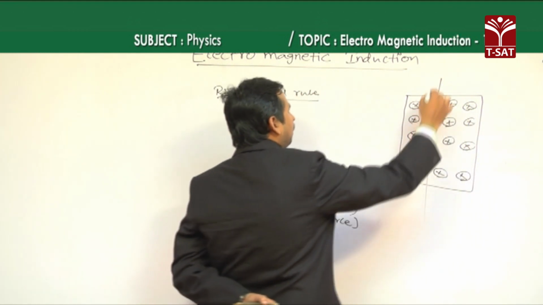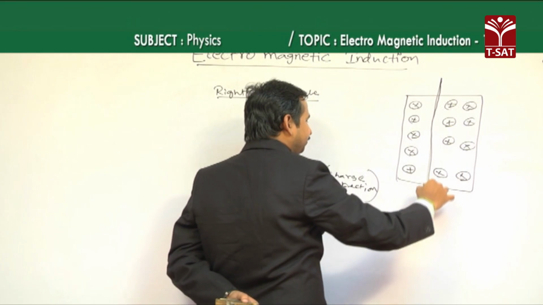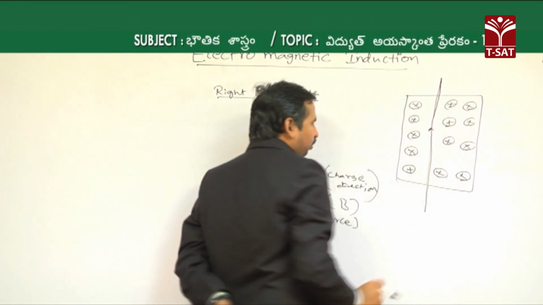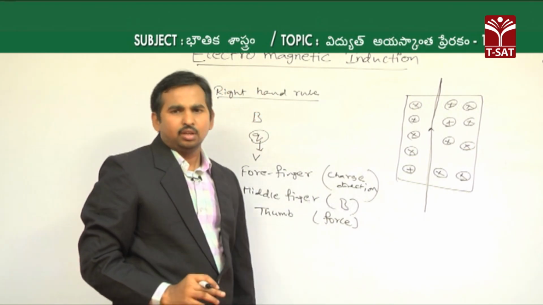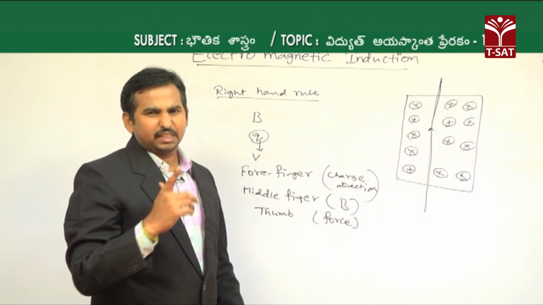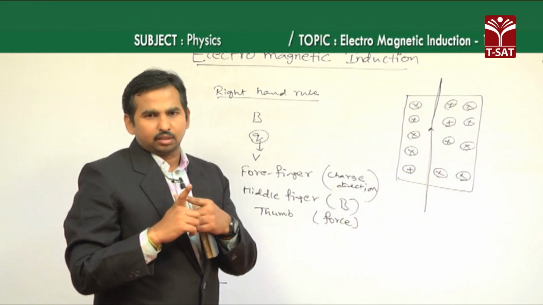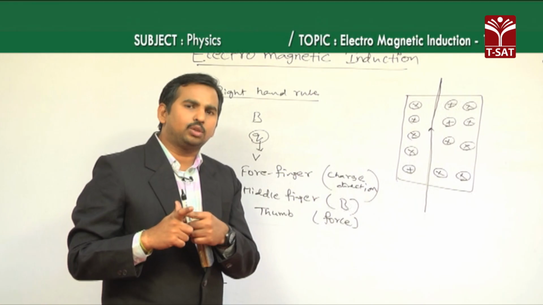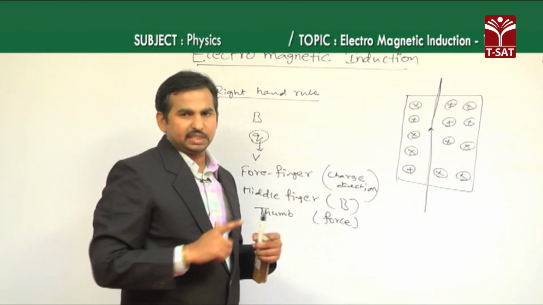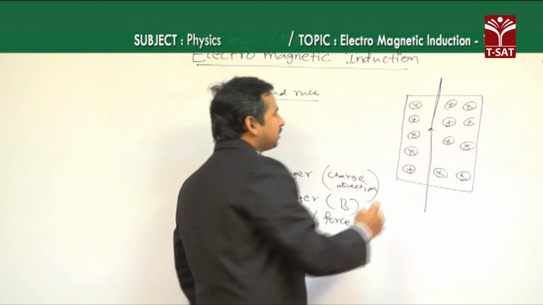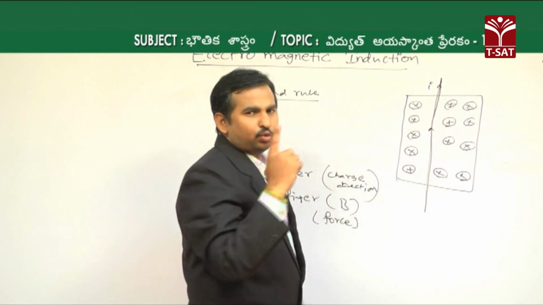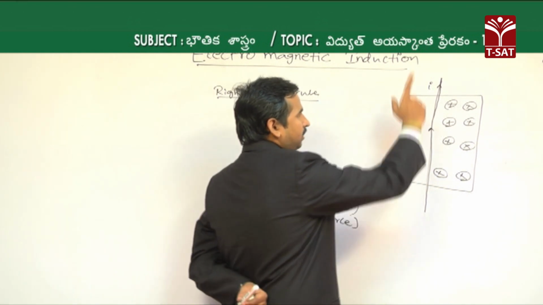Now how the current flows, and what is the direction of the magnetic force acting, we will see. As I said before, first fix the direction of the forefinger, which is the direction of charge, meaning the rate of flow of charge, which is the current direction. As the current direction is upwards, we have to take the forefinger upwards like this.